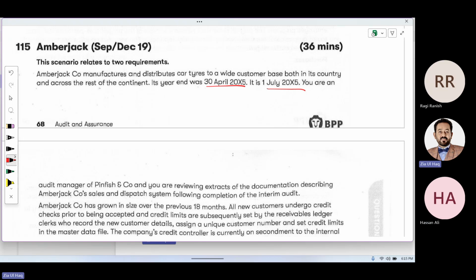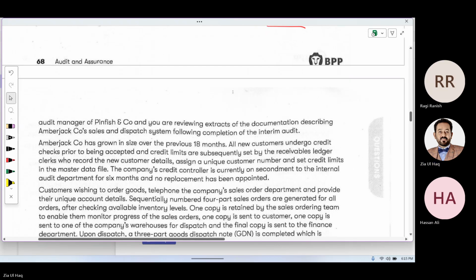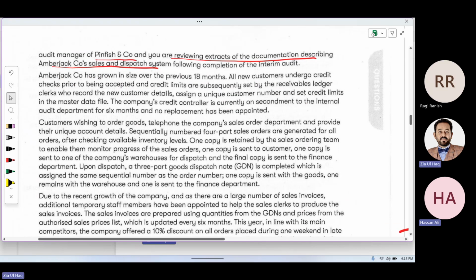You are an audit manager of Pinfish and Company, and you are reviewing an extract of the documentation describing Amberjack company's sales and dispatch system, showing completion of the entire audit. We haven't found any weakness now because the system is not explained yet. Amberjack company has grown in size over the previous 18 months.